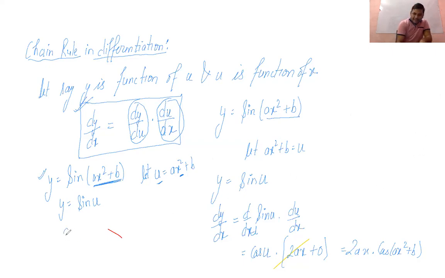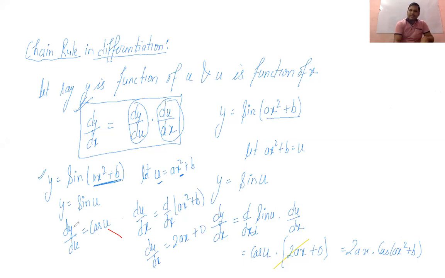Once you find dy by du, it will become cos u, and once you find du by dx, you can see u is ax square plus b, so d by dx of ax square plus b will be 2ax, and the differentiation of b will be 0.